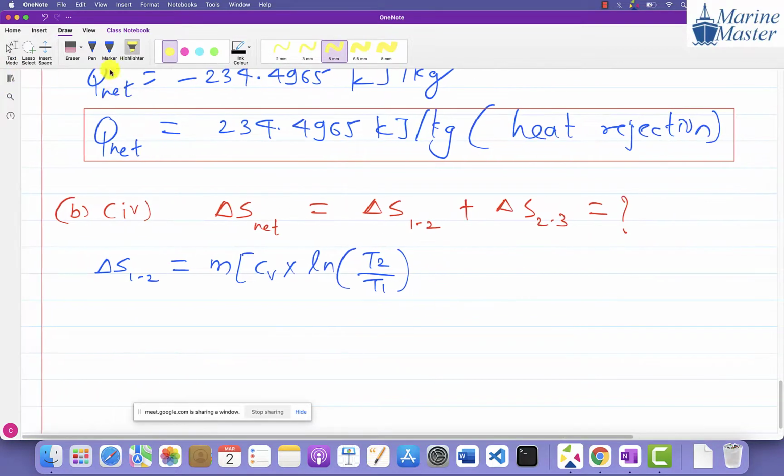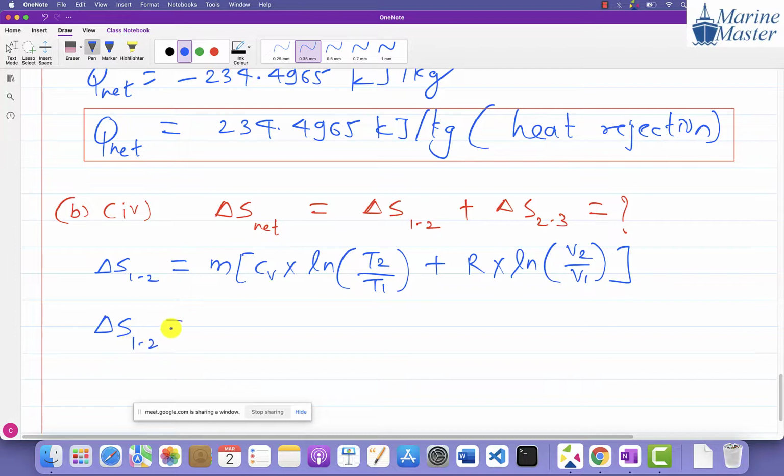m Cv ln T2 by T1 plus R ln V2 by V1. So we will put all values. Delta S 1 to 2: mass is 1 kg.